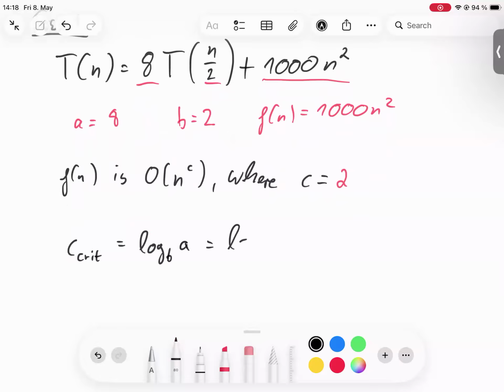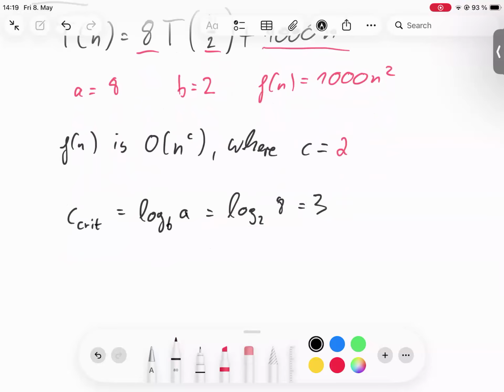That means it's log base 2 of 8, which is simply 3. And that c critical, the critical exponent, is greater than our c from above, because 3 is greater than 2. And we said in case 1, the critical exponent must be greater than that c.